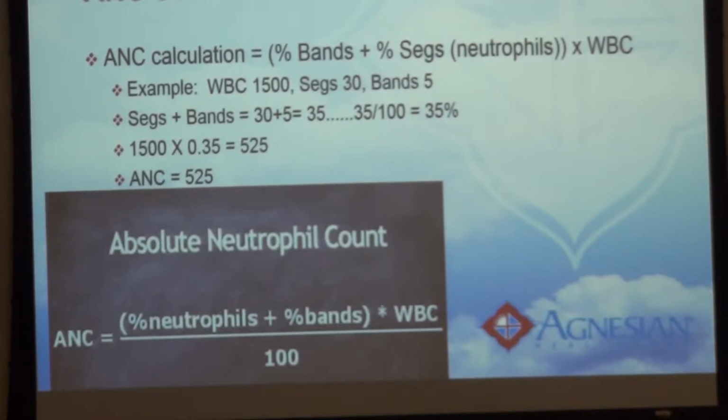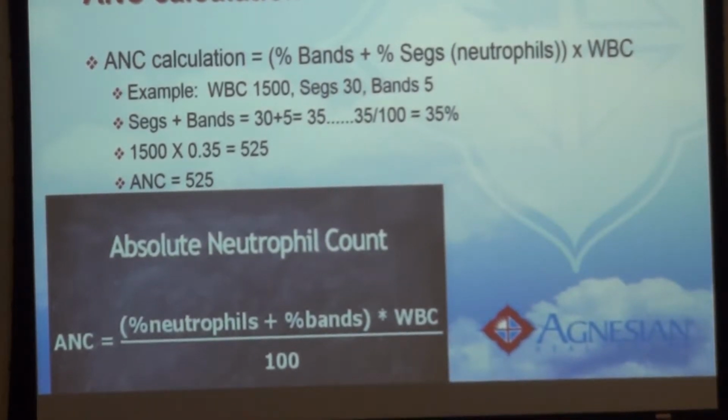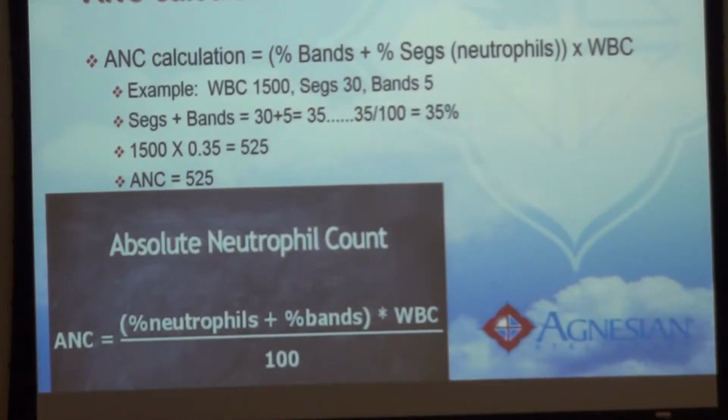ANC calculation. So how do we calculate the ANC? Well, fortunately for us, the lab and all those fine computer programs do it for us, so you really don't ever have to worry about it. But if for some reason you don't trust technology, here's how you calculate the ANC. It's your white blood cells times your percentage of bands plus your percentage of SIGs.